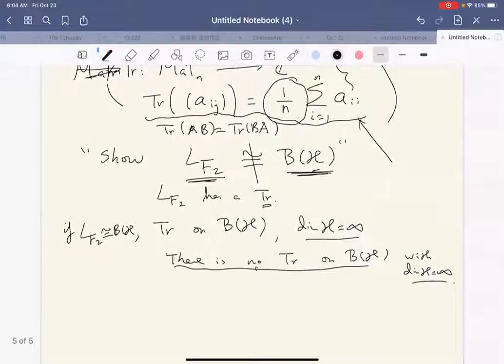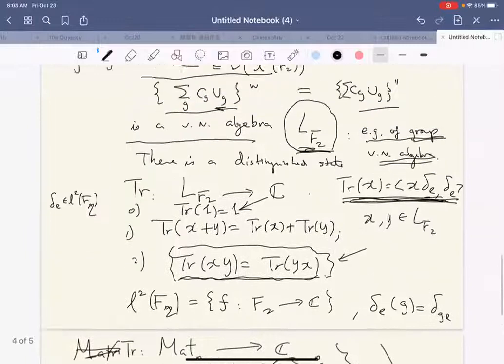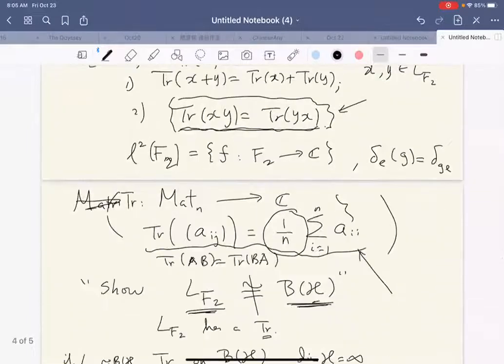So what I've shown is that there are at least 2 von Neumann algebras, right? For now, LF2 with a trace and then B of H. And of course, you immediately see that, because what I said before, this construction of LF2 is completely general.